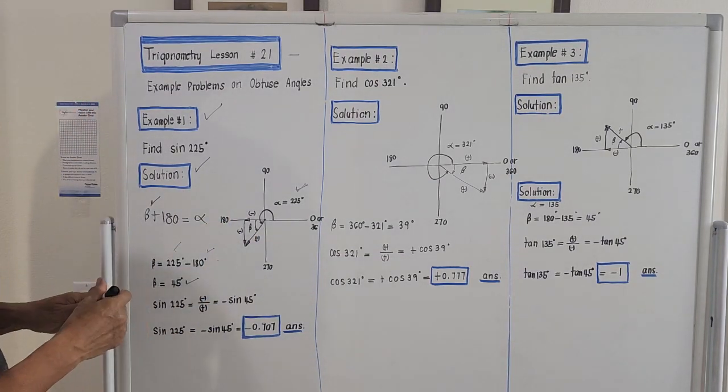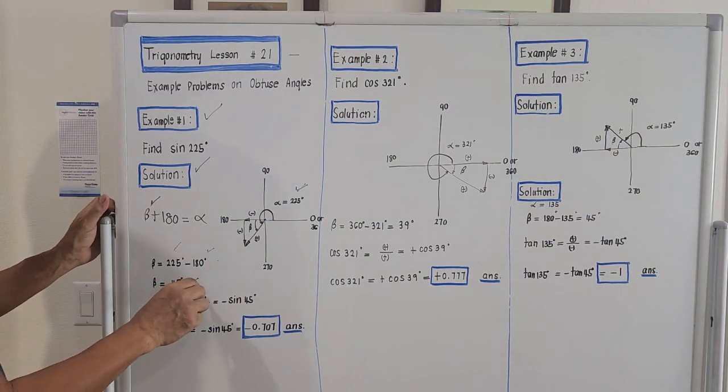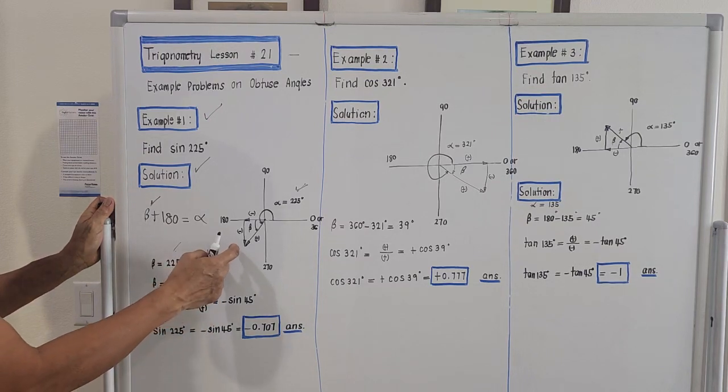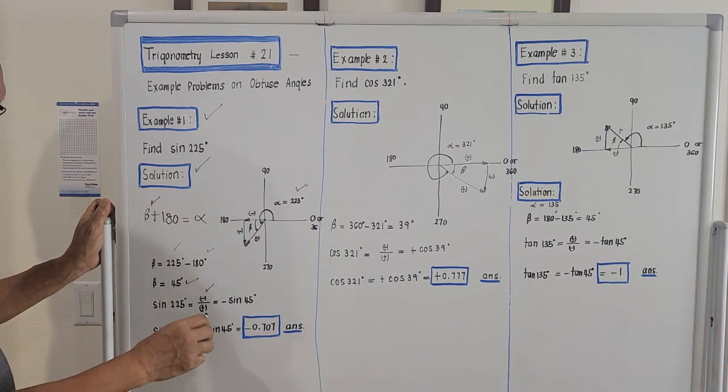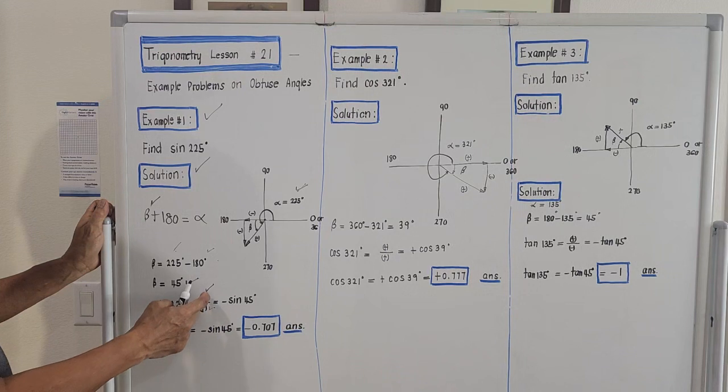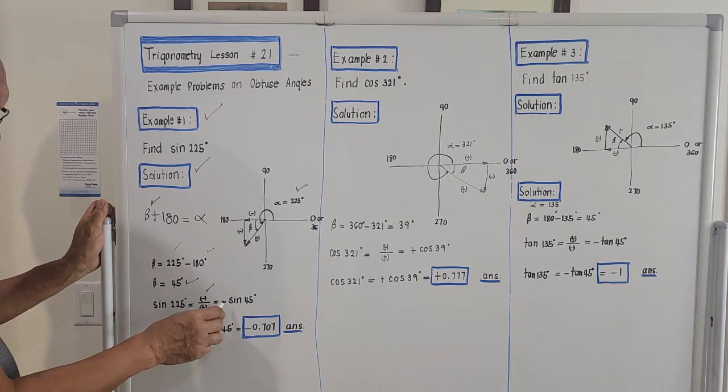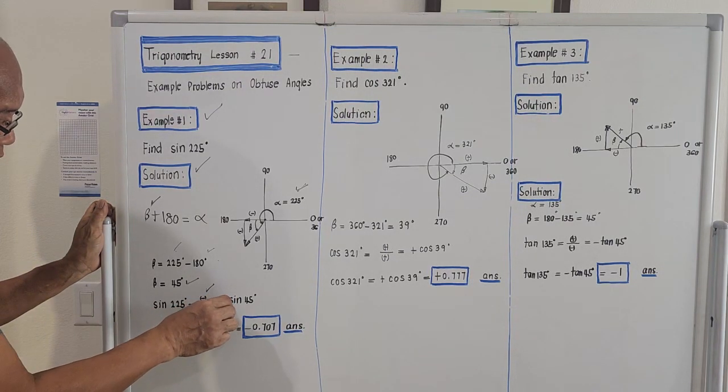The sign of the opposite side is minus, and the hypotenuse is always plus. So a minus and a plus will be a minus.